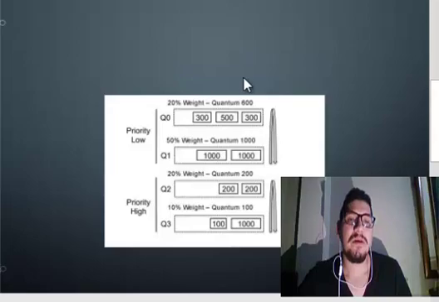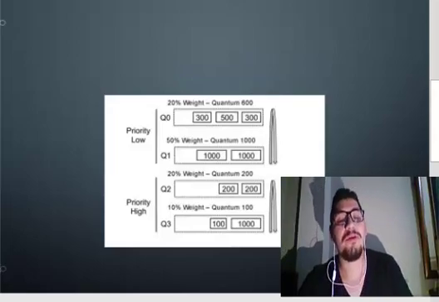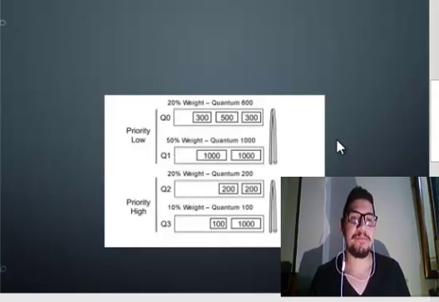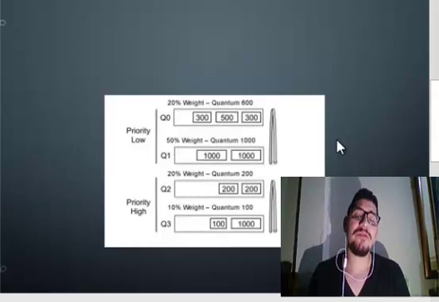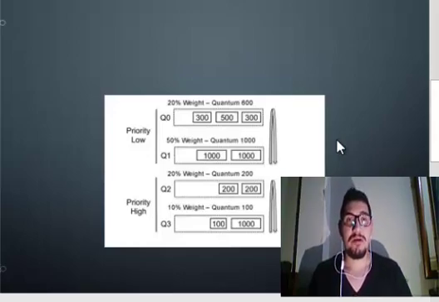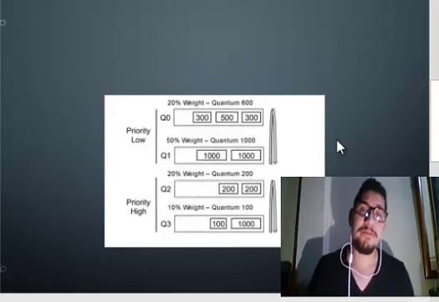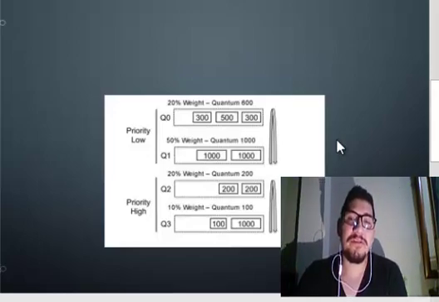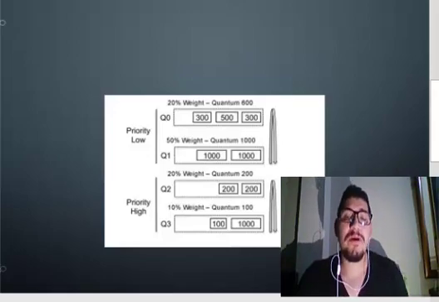And we can see the classification in priority, high priority and low priority. In this case, Q2 and Q3 have a high priority. For this reason, these transmit first.